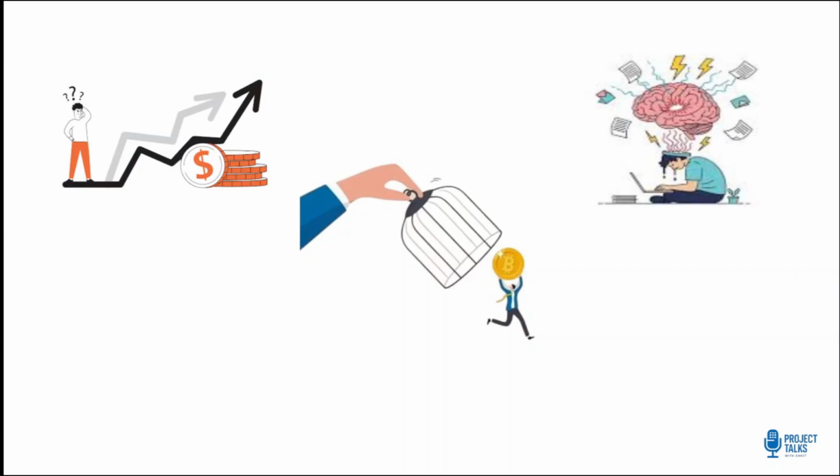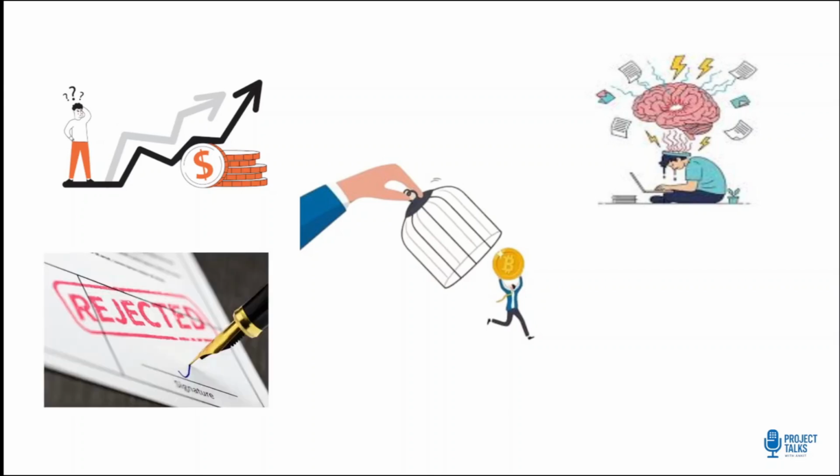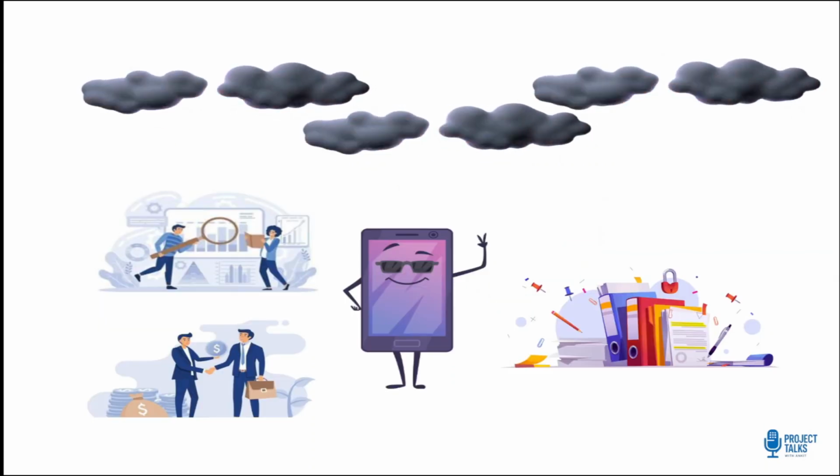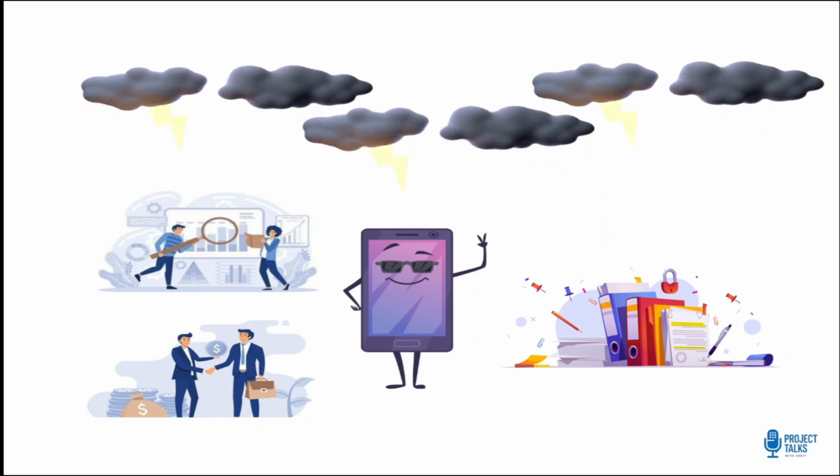Maybe user behavior shifts towards short form content or a breakthrough technology like AI creates new expectations. What if there are added legal compliances with the App Store and environmental pressure to reduce server energy consumption? And suddenly, your carefully planned app faces challenges from every angle.